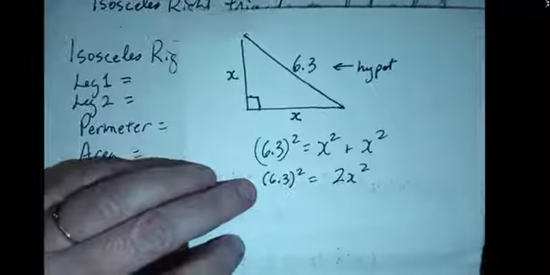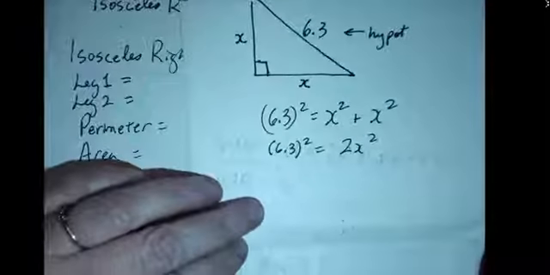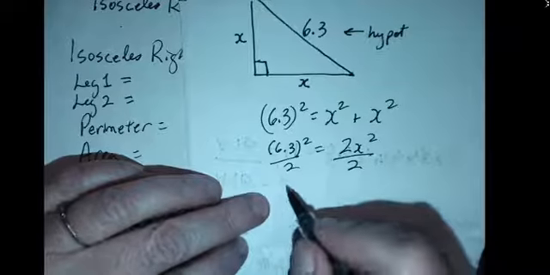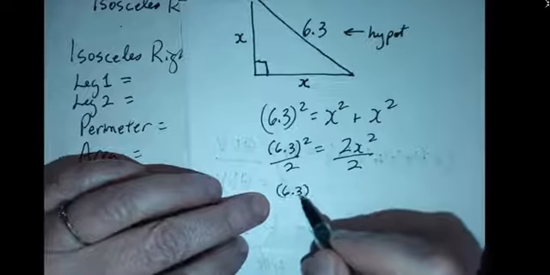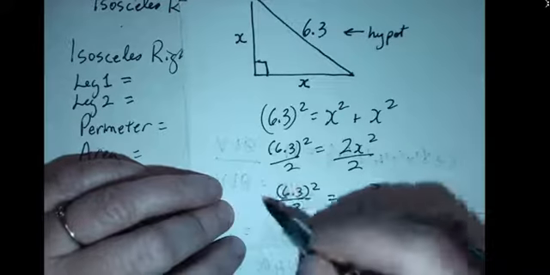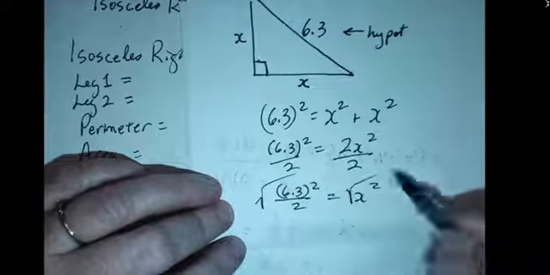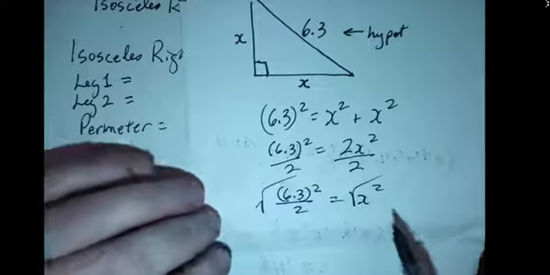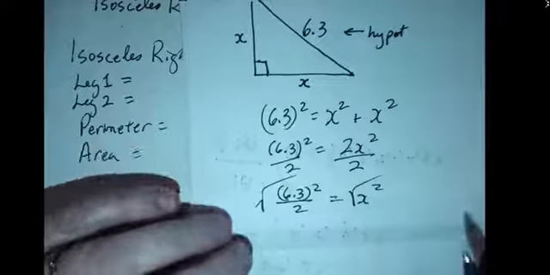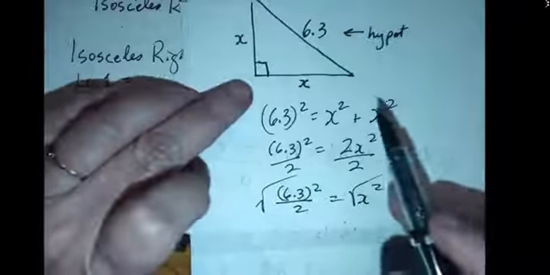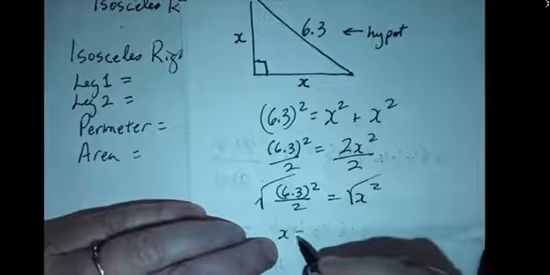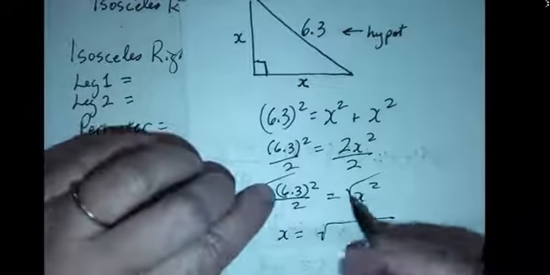Now I need to solve this for x, so I'm going to divide both sides by 2. And now to get x, I need to take square roots of both sides. Taking square roots will give you a positive and a negative possibility, but x is the length of the side of a triangle, so it cannot be negative. So I'm going to take x to be the positive square root of this.